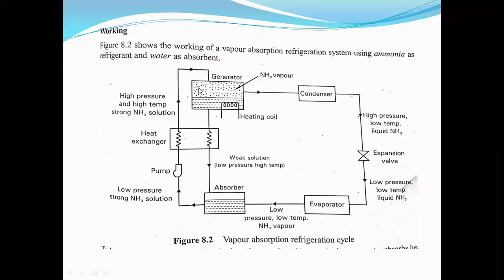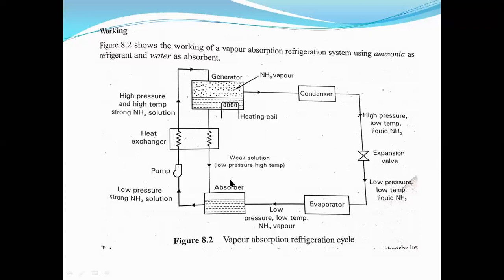We do not have a compressor; the compressor does not exist in VAR. That compressor part is replaced by three parts: one is the absorber, the second is the heat exchanger, and the third is the generator. Rather than a compressor, we have the three parts called the absorber, heat exchanger, and generator.